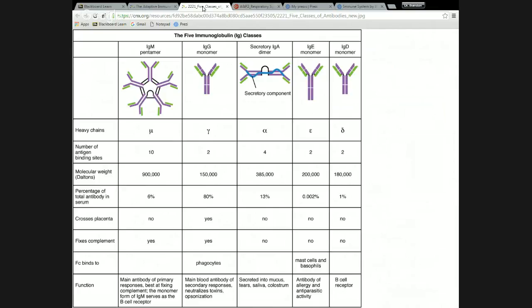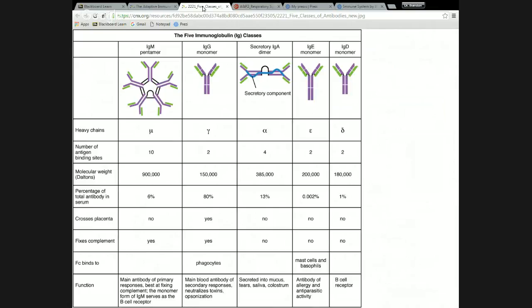IgMs are great for the agglutination reaction that I described last time, so that cellular pathogens all get kind of clumped together. When you're testing blood typing, you're actually testing it using IgMs for the A antigen or the B antigen or whatever, because it makes for a very robust clumping of those cells.